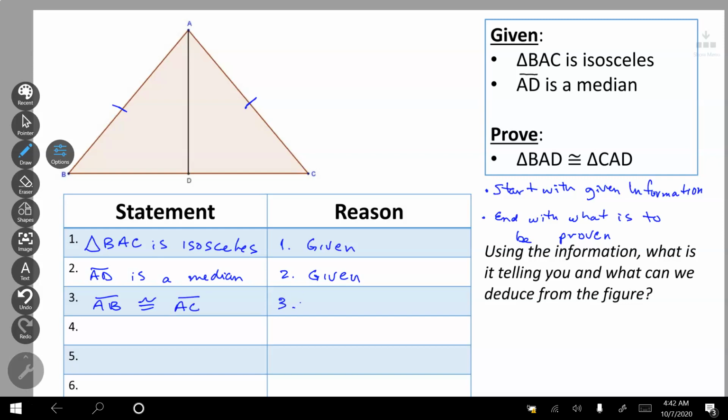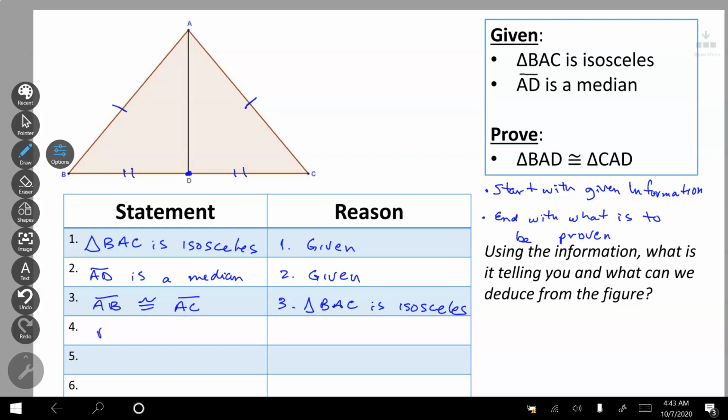The reason is the definition of an isosceles triangle, because triangle BAC is isosceles. That's what it means to be an isosceles triangle. Two sides are congruent. I also know that BD is congruent to CD because, since this is the midpoint, it cuts that line segment in half.